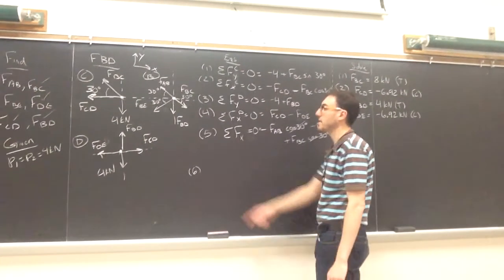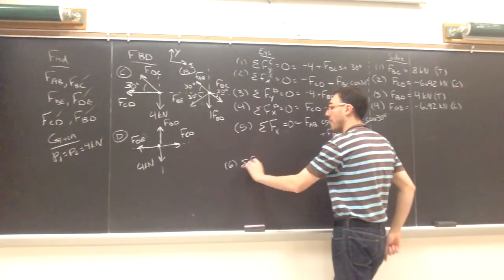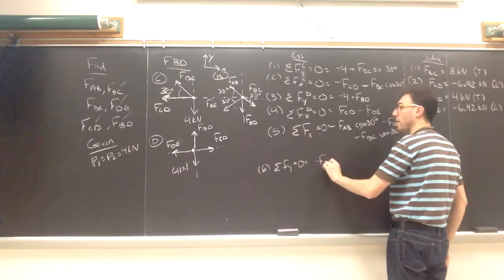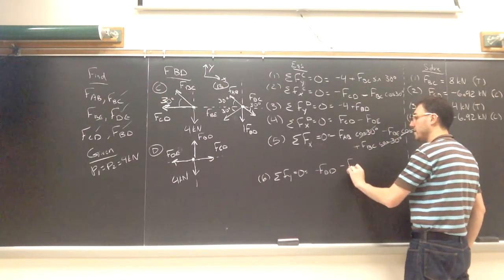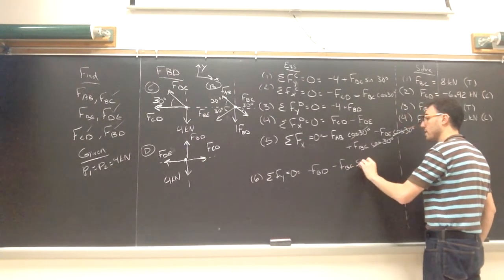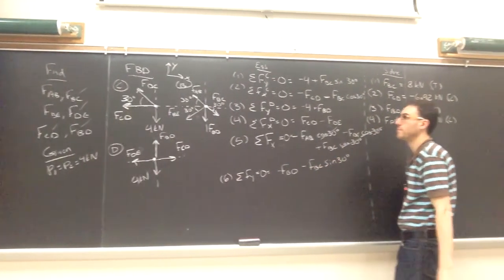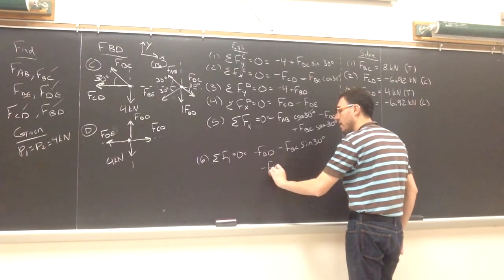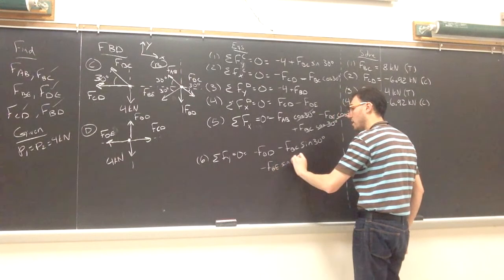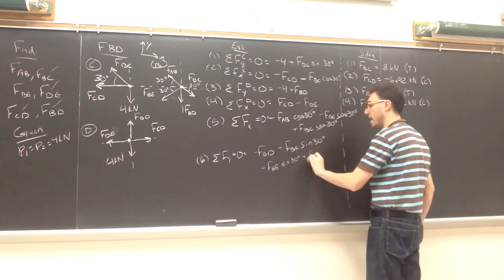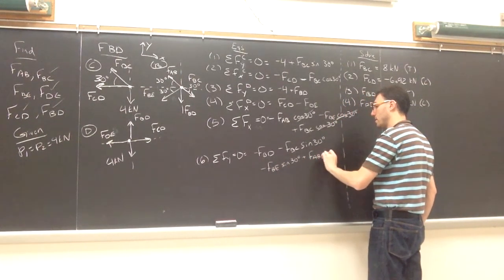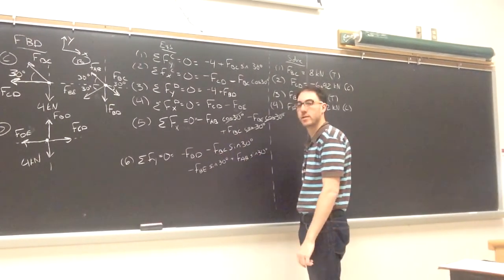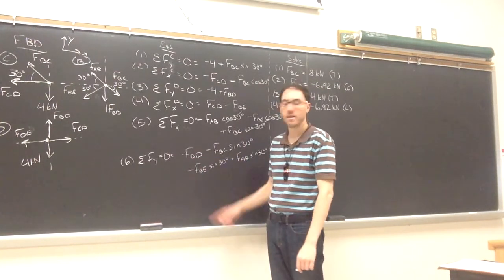So in 6, now if I sum forces in the y direction, I have negative FBD, which I know, minus FBC sine 30, which I know, minus FBE sine 30, plus FAB sine 30. And unfortunately in this one, the sine 30 doesn't cancel out because I have that FBD here.